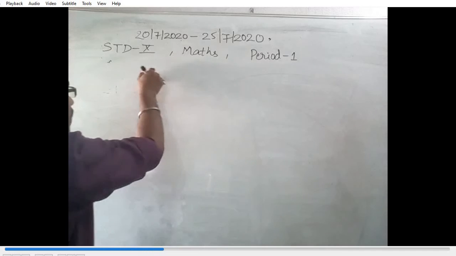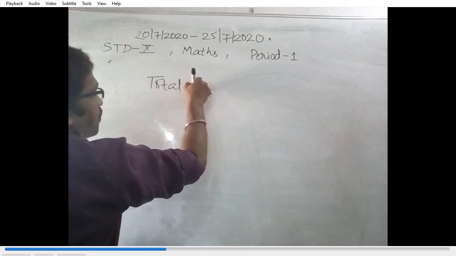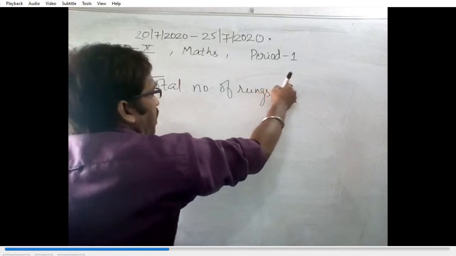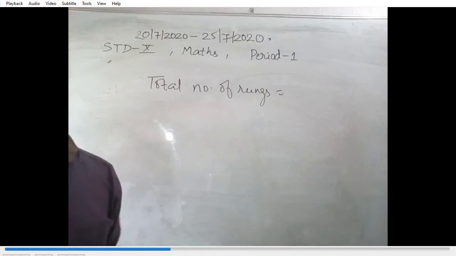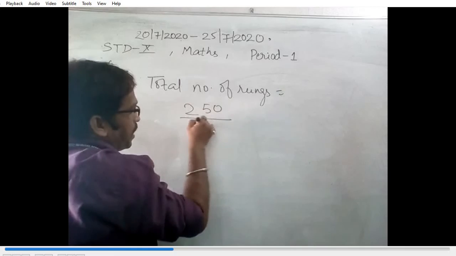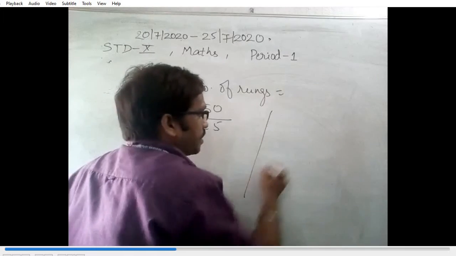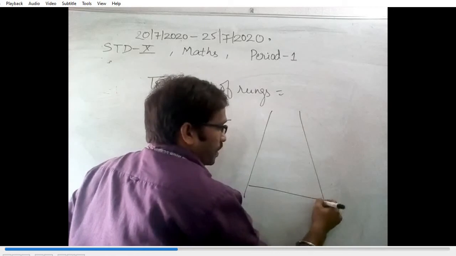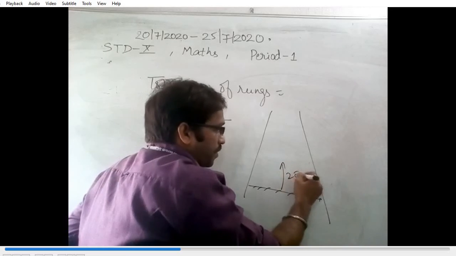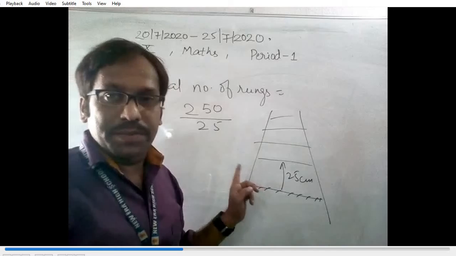So let us start this. What we have to find is the total length of the wood. For that I need the total number of rungs. How many steps are there? The total length is 250 centimeter; 2.5 meter I have converted to 250 centimeter. Now all these steps have a gap of 25 centimeter.